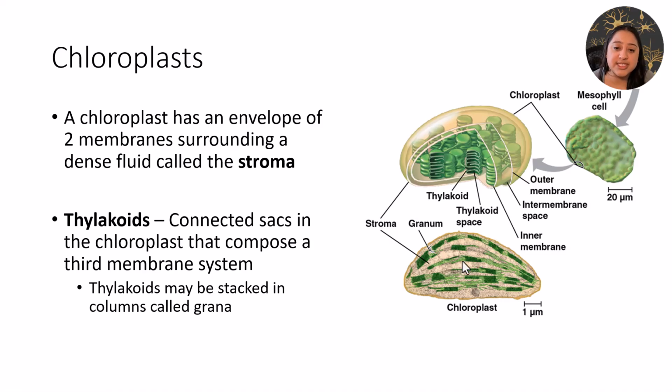And there are these sacs called thylakoids. If you were to zoom in on one of these, it looks like a little pancake. It's like a little sac.